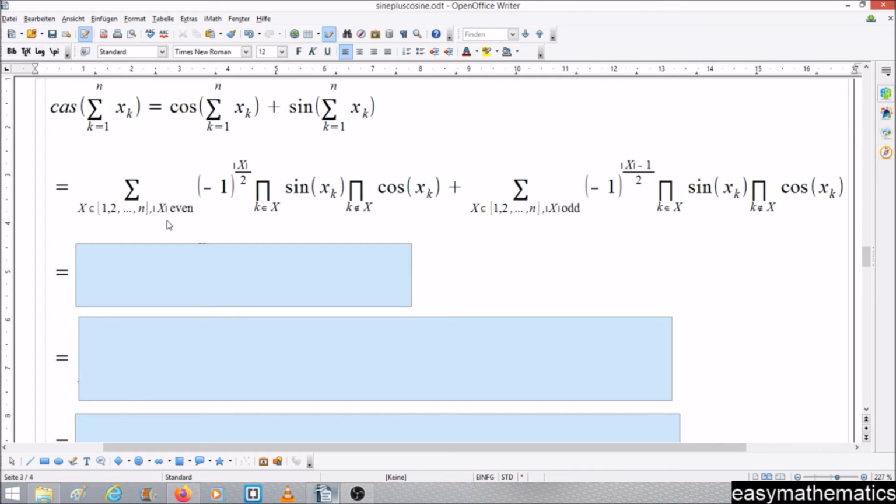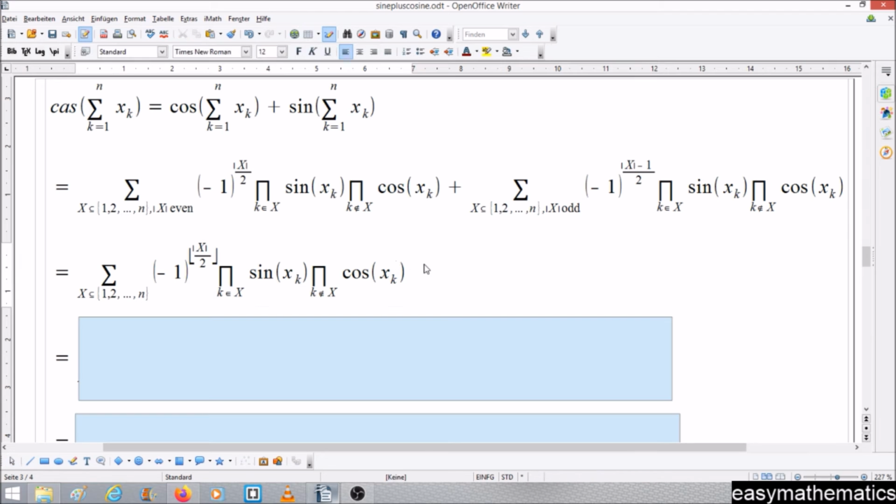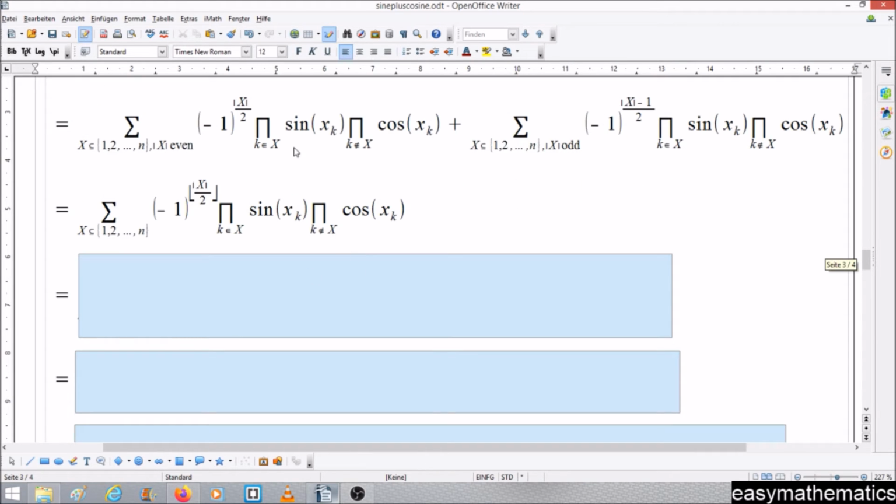Here are the even subsets, here the odd subsets, and now you can think of the signs. You will get minus 1 to the power floor of the cardinality of X over 2. You can think of that. It's not too hard to see.